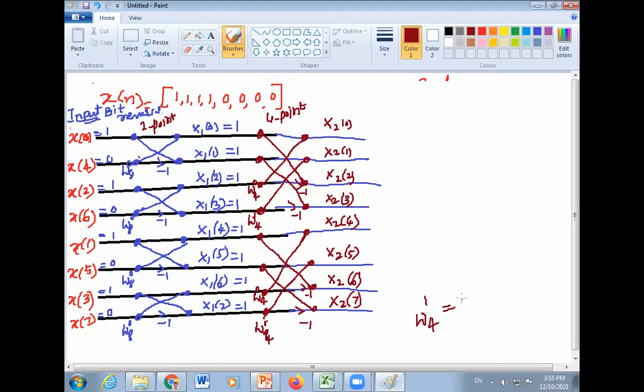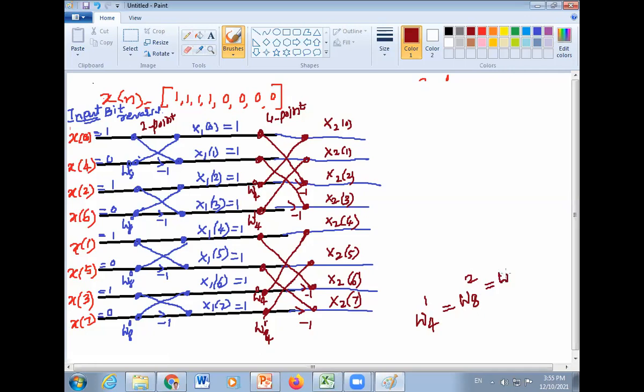W4 to the power 1 will be equal to, we can write it as W8 to the power 2. Is it correct? लिख सकते हैं क्या ऐसा? W4 to the power 1 will be equal to W8 to the power 2. Yes or no?